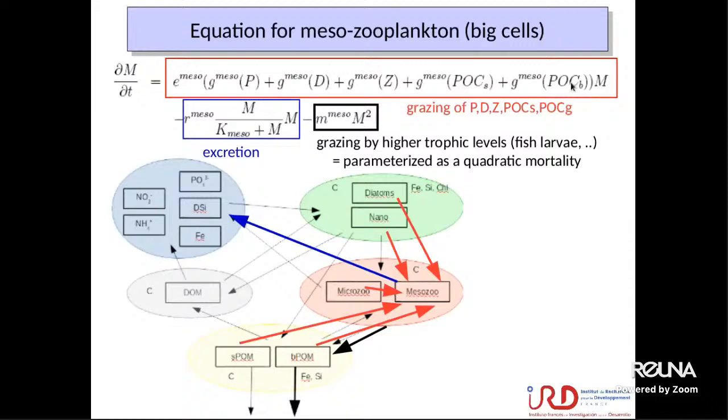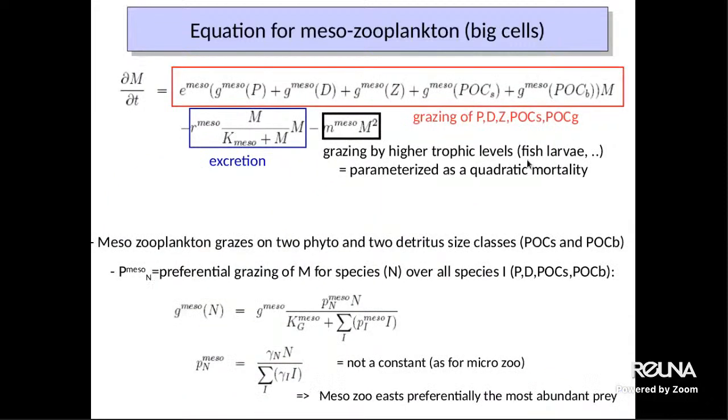So the mesozooplankton eats everything. There are also preferential terms, etc., that are parameterized. And there is loss of matter by excretion, and there is also grazing by higher trophic levels. So it's really very similar.